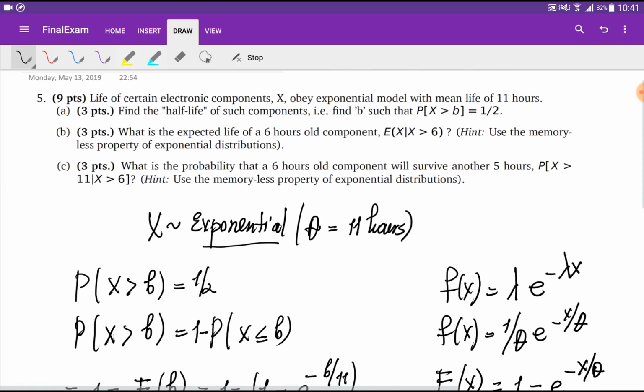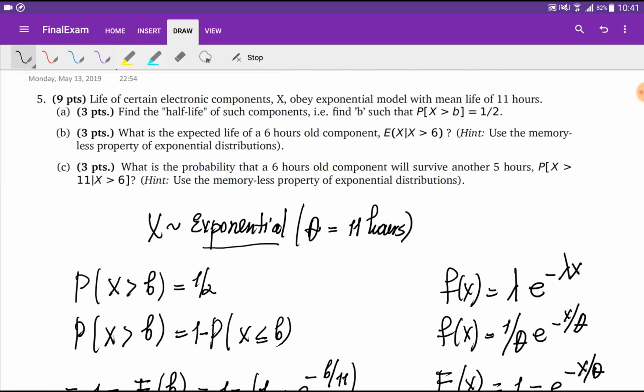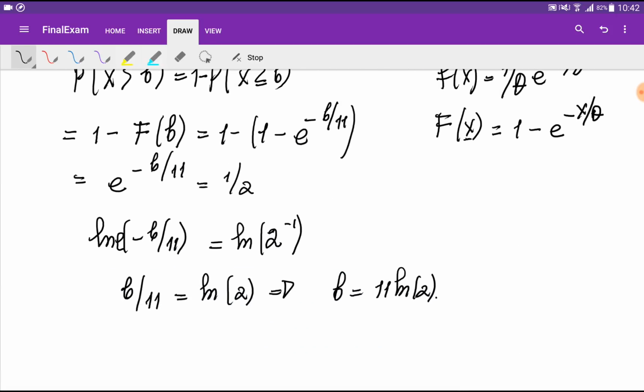The second problem is, what is the expected life of a 6-hour old component, that is, the expectation of x given that x is more than 6. So we are going to use the memoryless property, right? The exponential distribution has no memory, so this is 6 plus the unconditional expectation.